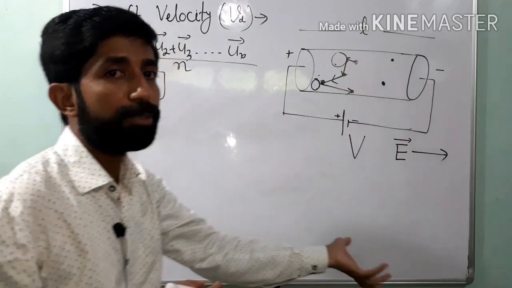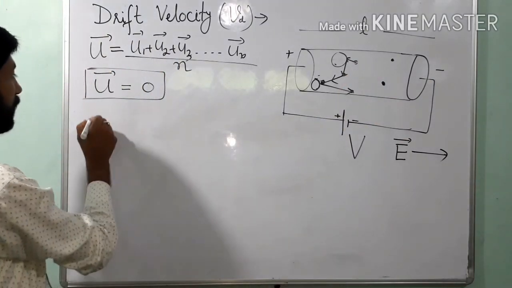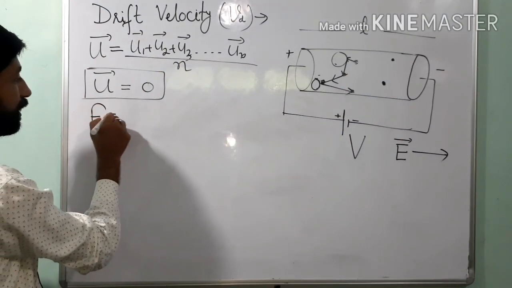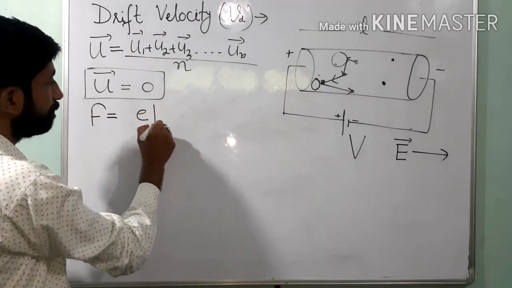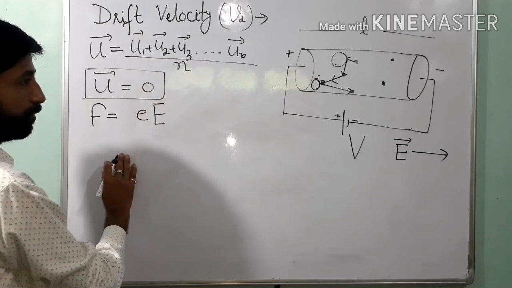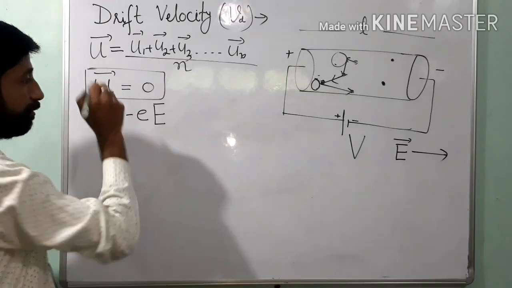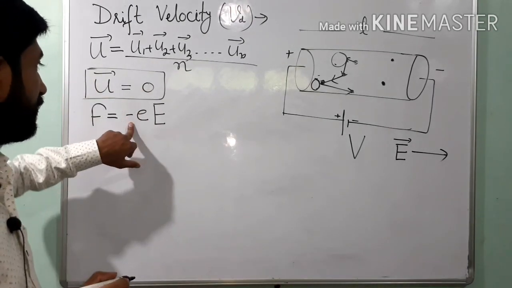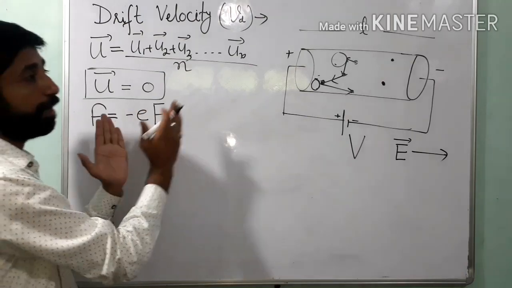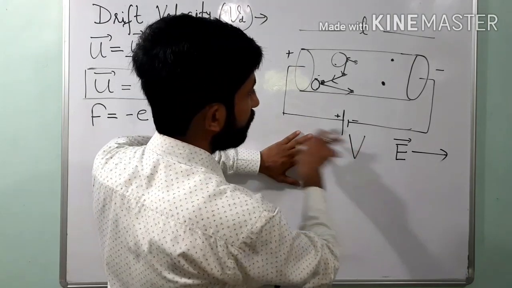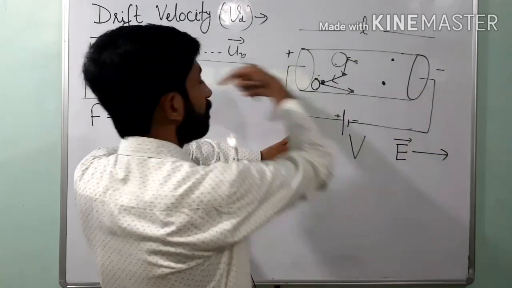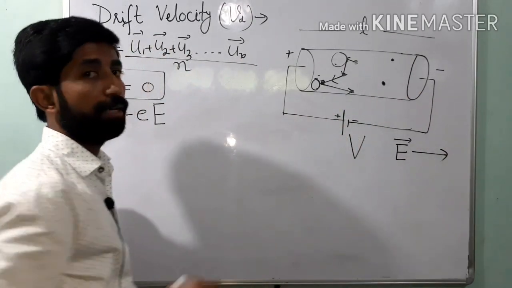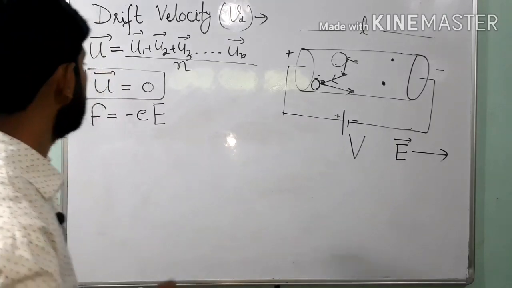So what is that force equal to? We know the force on a single electron is given by e times E. If we use the charge with its sign, the force will be opposite to the direction of the applied electric field. The electric field goes this way and the force goes this way, because electrons are negatively charged particles.